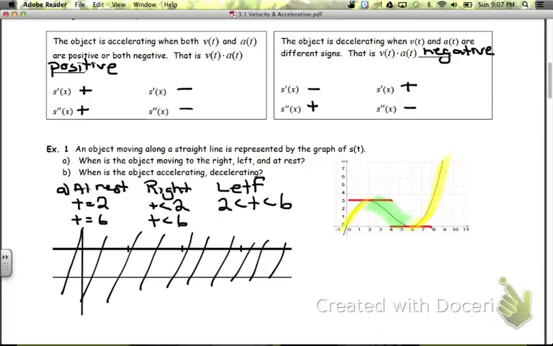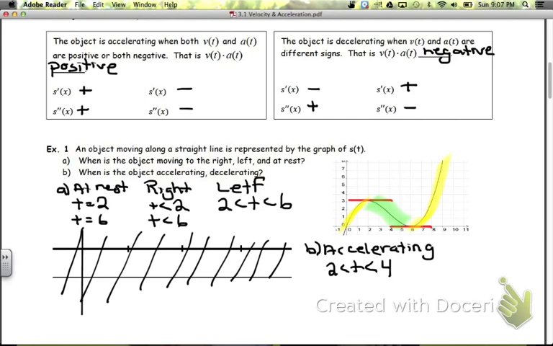Next, when we're talking about accelerating and decelerating, again, this isn't something we're going to get into in too much detail. But our function is accelerating between 2 less than t less than 4.